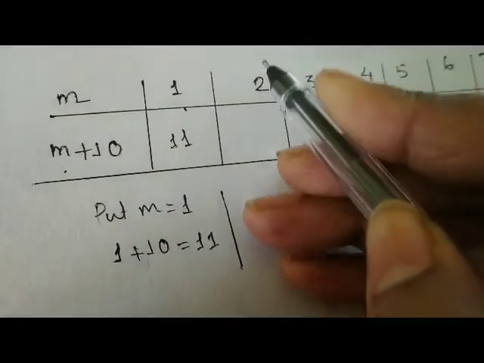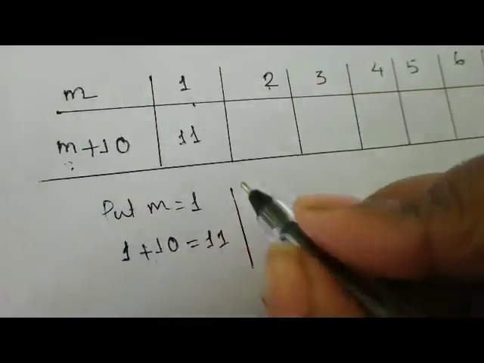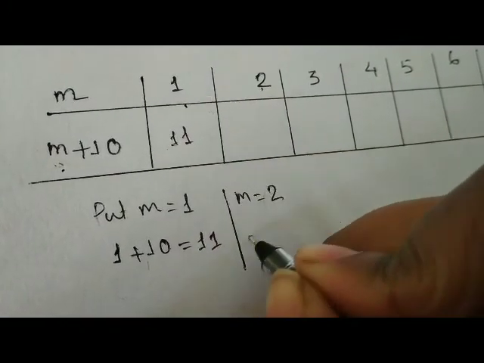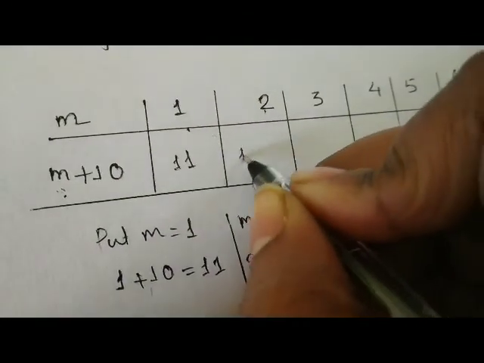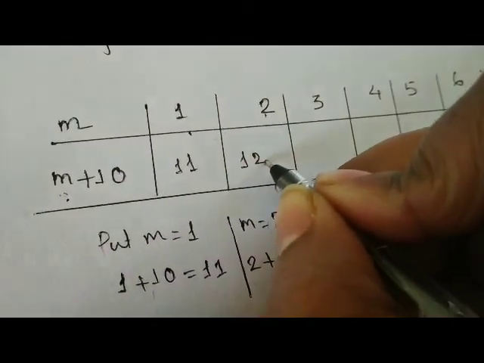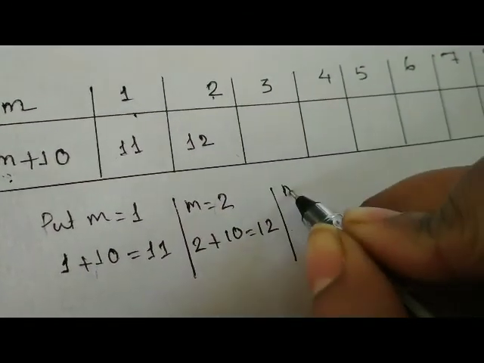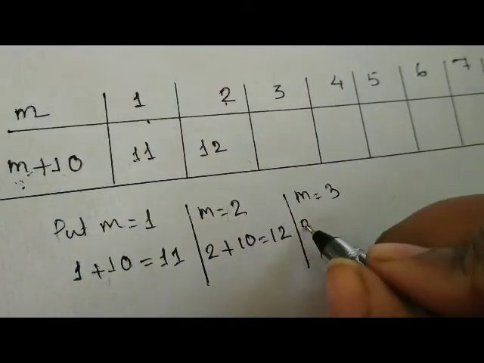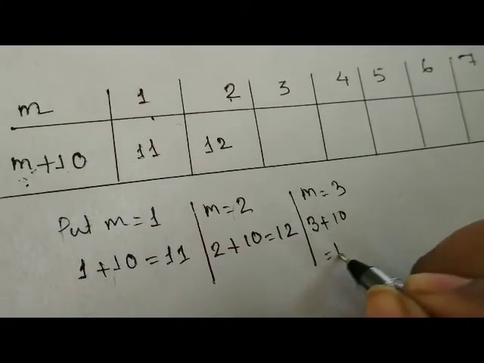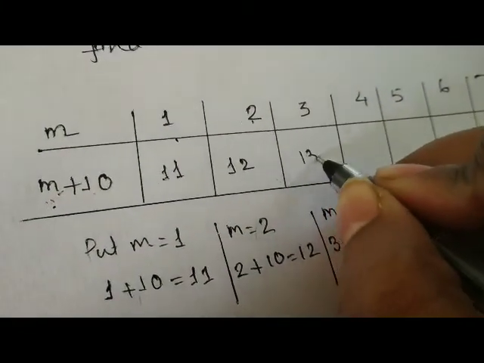Now when we put 2 in place of m, 2 plus 10, it will be 12. So we will write 12. Now m is equal to 3. So 3 plus 10 is 13. So we will write 13.